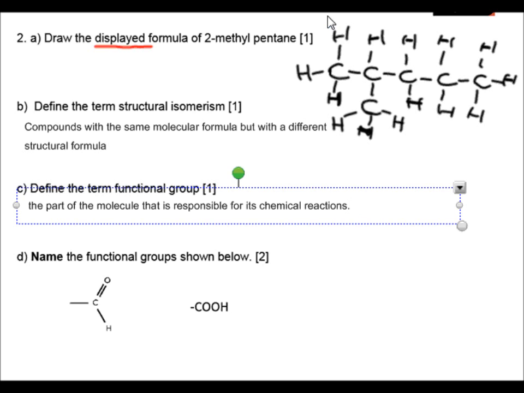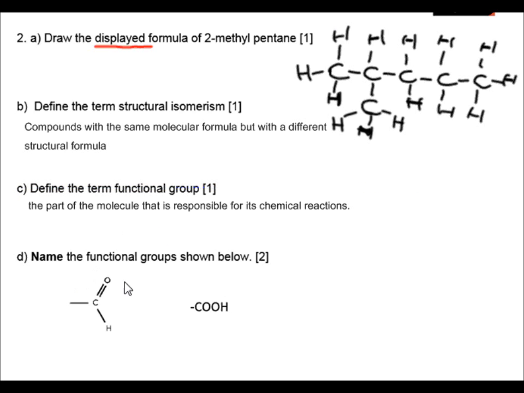Last part of this question then asks you to name the functional groups shown below. The first one shows we've got a carbonyl bond here attached to a hydrogen, and you should recognise that that is the functional group of an aldehyde. So this functional group is an aldehyde.